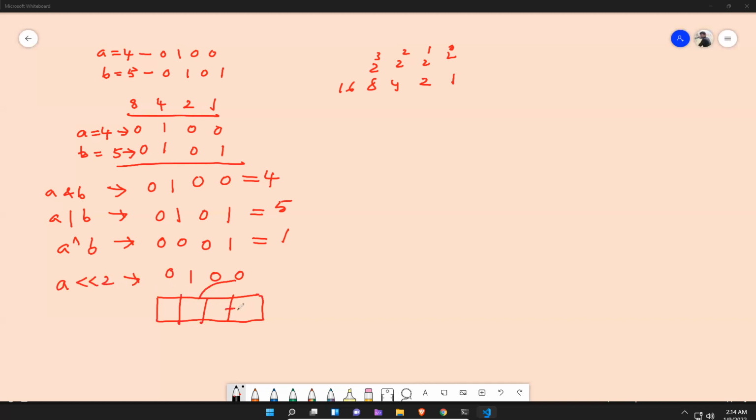If it is 1, you leave 1. So this will go here, this will go here, and this will go here. Now it is 0 1 0 0 0 0.